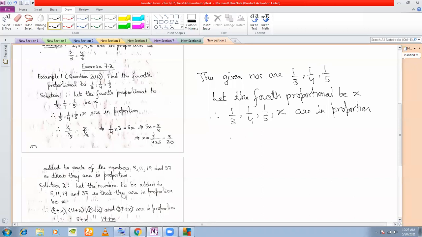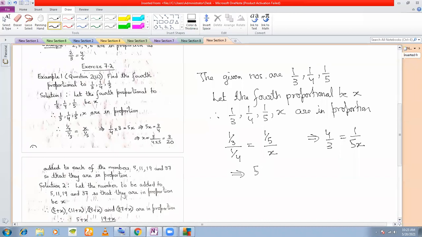If they are in proportion, then what can we write? A by B is equal to C by D. We will solve this equation to get the value of x. This becomes 4 by 3 is equal to 1 by 5x.